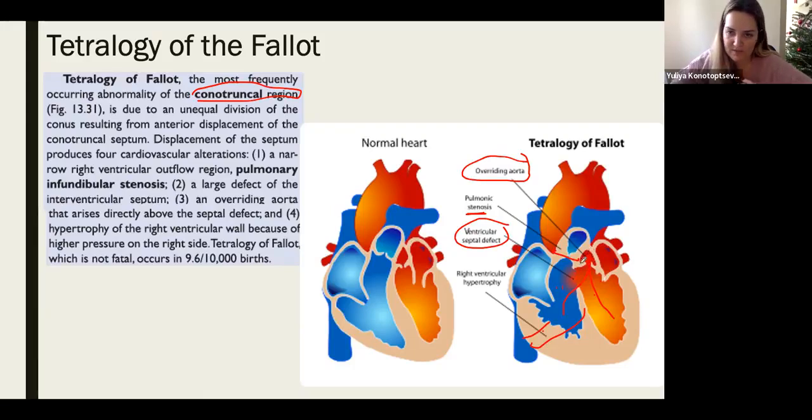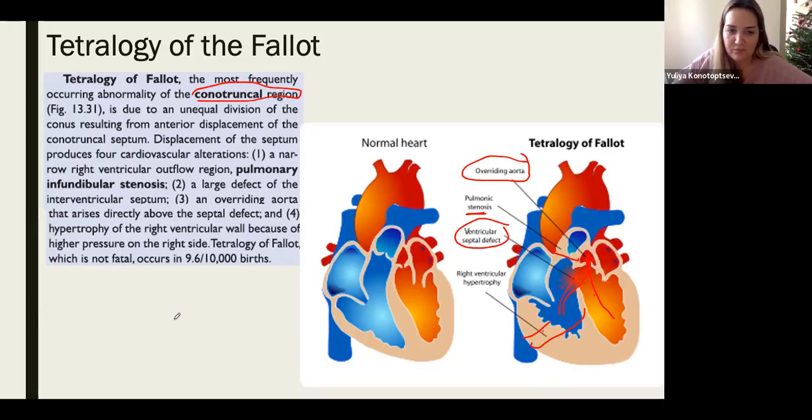Another meaning for overriding aorta is that it arises directly above this septal defect. Do you see? That's where the window is present, which should not be there, and right above it, we have the aorta starting there. So that's what overriding means. But a better explanation for sure is that it accepts blood from the two ventricles now, right? So it will go this way.